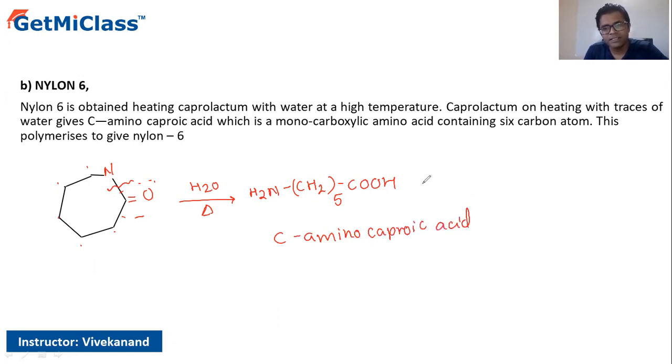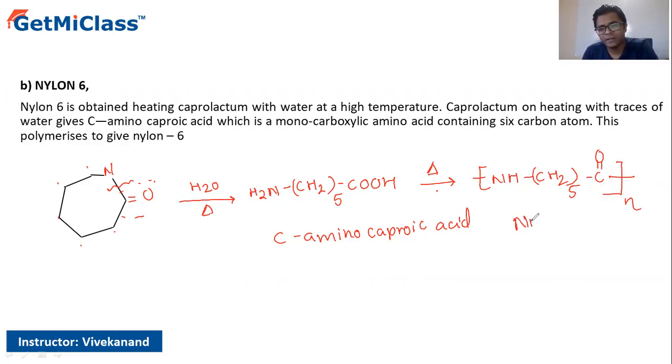Okay, now this ε-aminocaproic acid, upon further heating, is going to form NH, CH2 5 times, C double bond O, and this sequence continues n number of times. Okay, so now this is actually nylon 6.